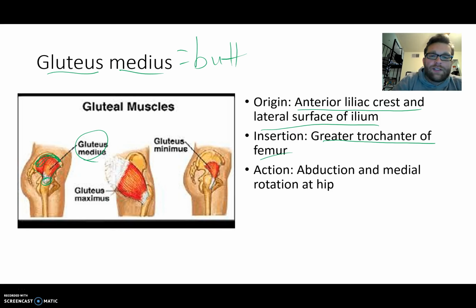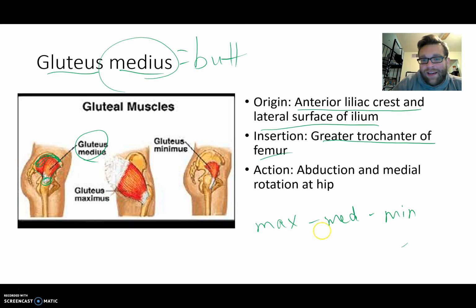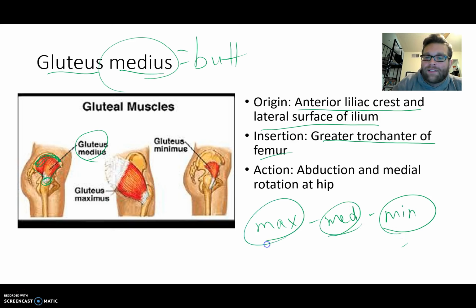So I put all three here just to give you an idea. The medius, one of the reasons it's called the medius, is that it's sandwiched between the maximus and the minimus. So max, medius, minimus. I remember max, med, min, and it helps me remember the order. The minimus is the smallest one on the inside, medius is in the middle, and maximus is on the outside.